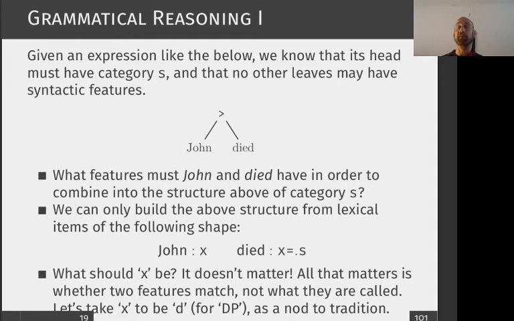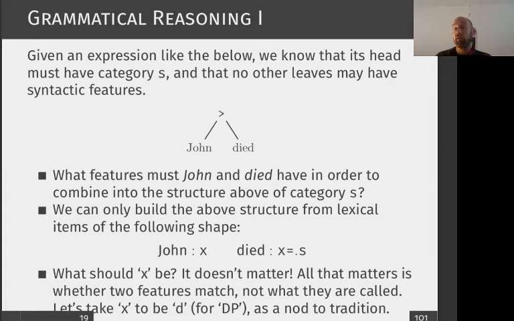The relevant information that's encoded by feature names is which features can match with which others. Any other information is irrelevant. So the fact that X is whatever letter of the alphabet it is, is completely unimportant.